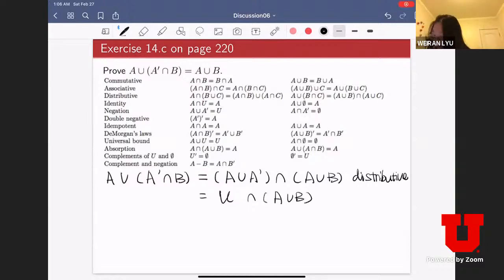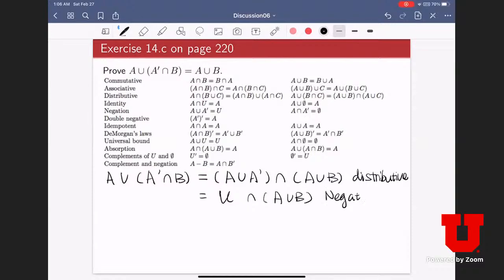Sure, the second step would be using negation. Yeah, negation. And I think then we use the commutative to switch the position of the universal set and A union B. Then we use the identity to get the A union B. Yep, exactly.